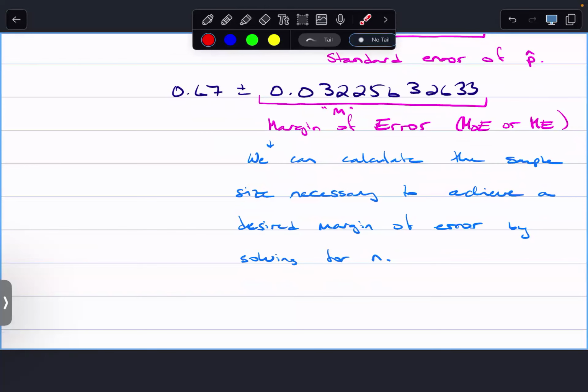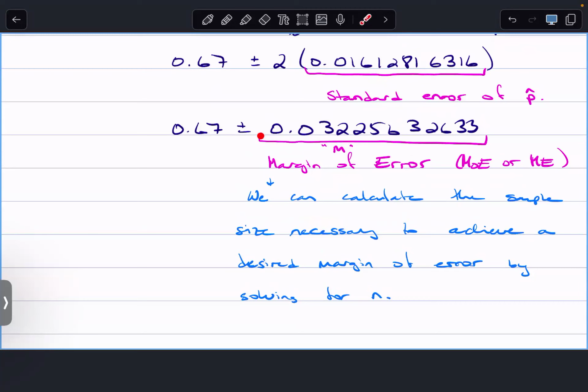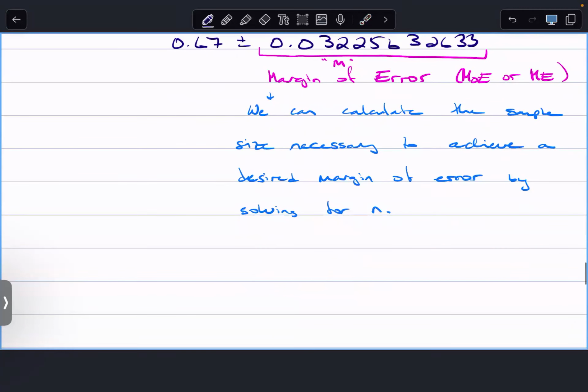Okay, so we've got this 0.67 plus minus 0.0322, and so we're going to go down 0.0322 and go up 0.0322. What we end up with is this interval, and because we're using rounded values, we have to use round brackets because it's not the exact value.